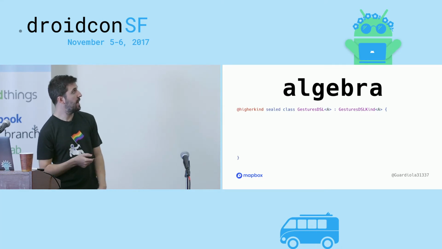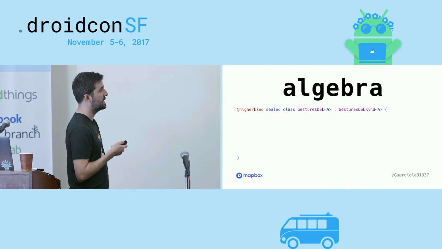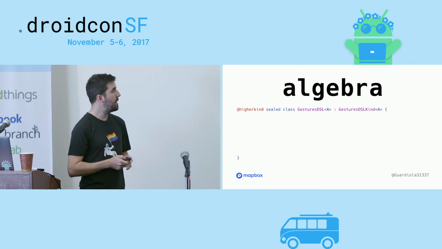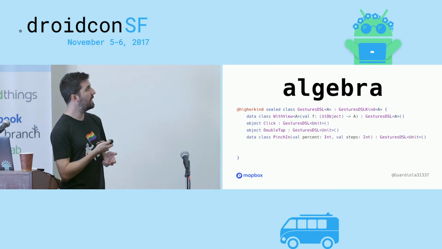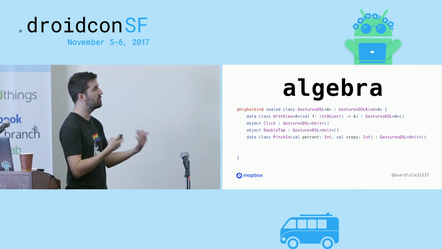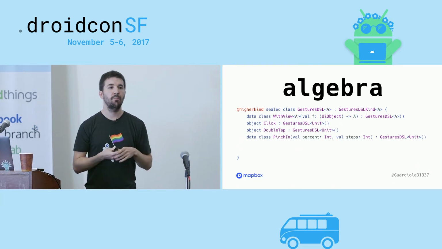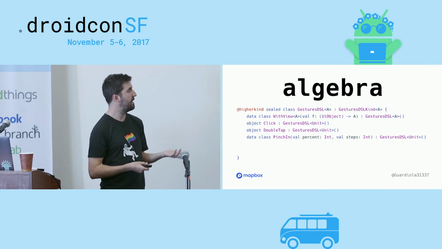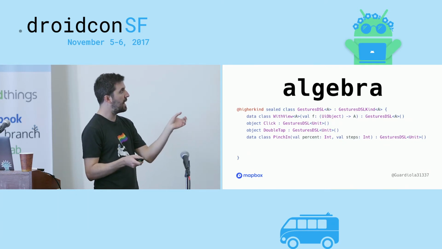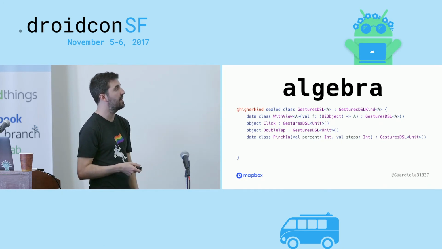And here, in my example, we are modeling this as a sealed class because we want closed inheritance. And then we need to add all the operations that we want to support in our DSL. If you have done a DSL before, in Kotlin, you need to take into account how to translate this into the free abstraction.